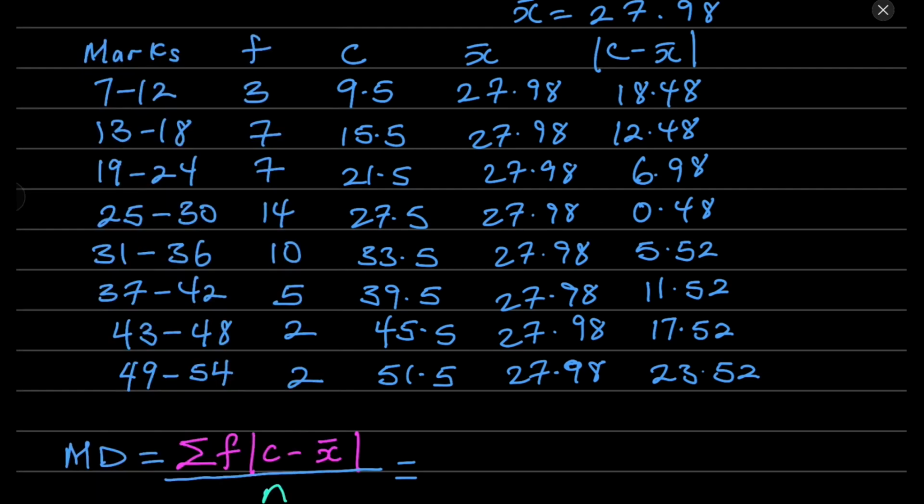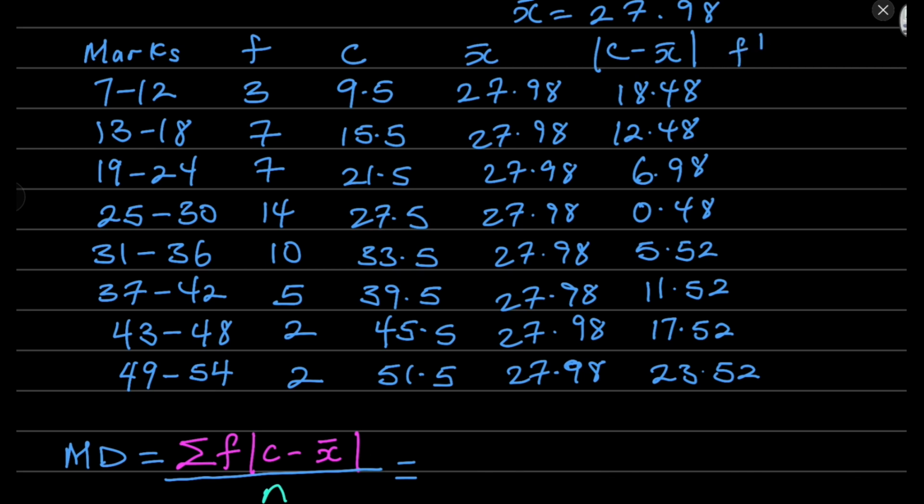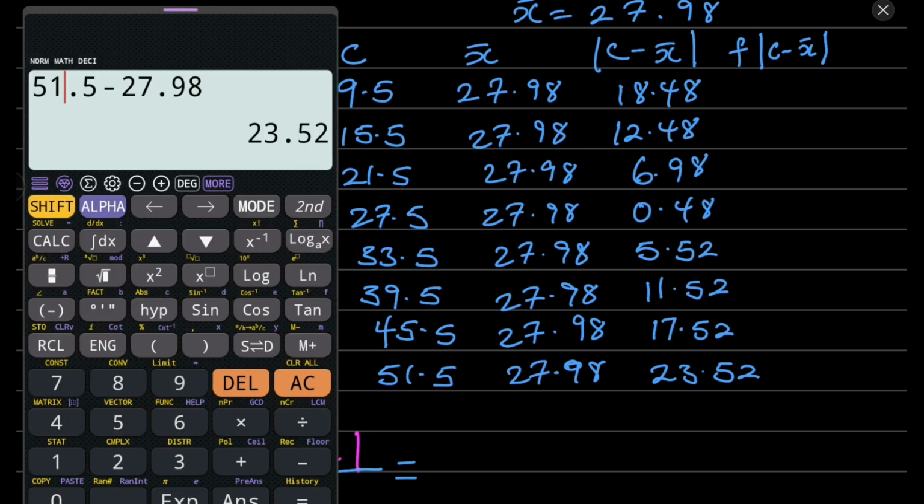The next step, according to our formula, is to multiply everything we just added by f, and f means your frequency here. So we're multiplying all of this by all of this. We just create another column for f times the absolute value of c minus x bar. So just bring back your calculator.